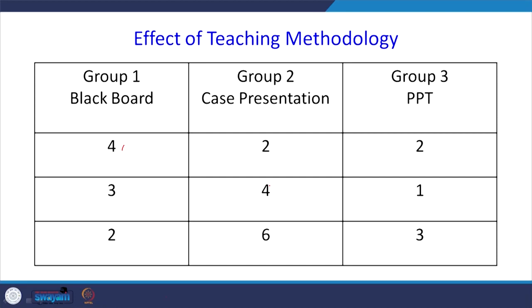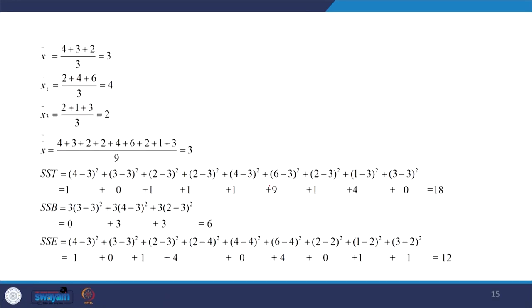So, what is the null hypothesis here? The null hypothesis is H naught: mu 1 equal to mu 2 equal to mu 3. The alternative hypothesis is mu 1 not equal to mu 2 not equal to mu 3.